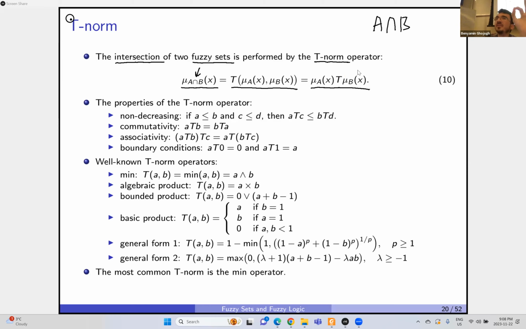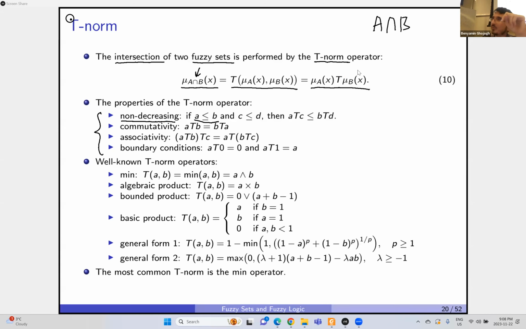There are a lot of T-norms, not one T-norm. Whoever wants to propose a new T-norm should satisfy these four properties. Non-decreasing. What does it mean?